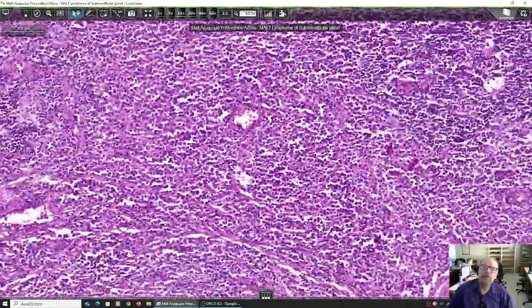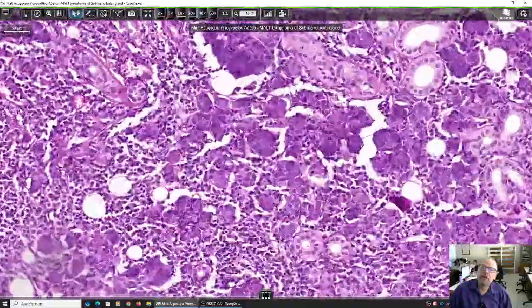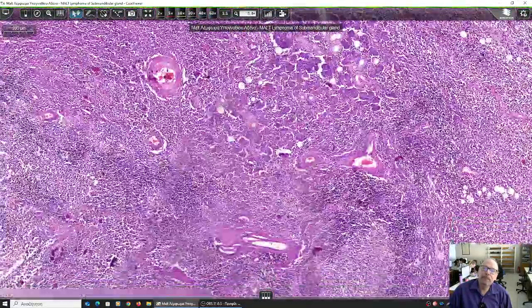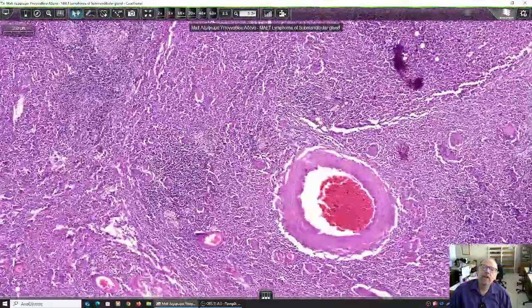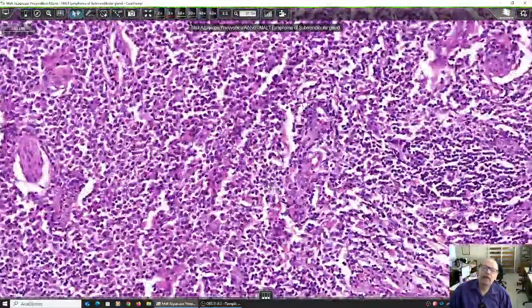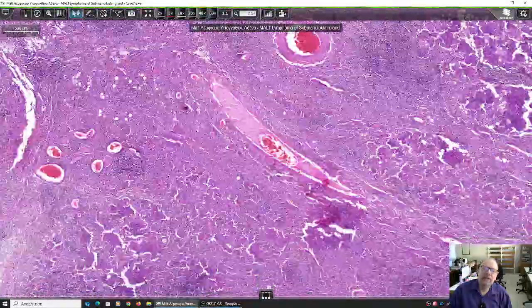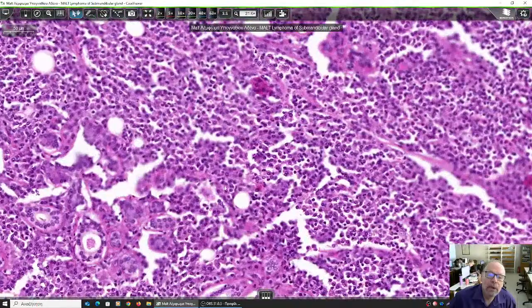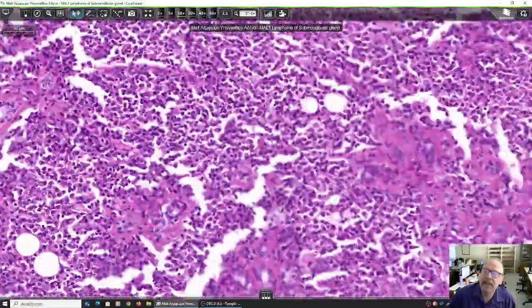And the other feature here, apart from plasmacytic differentiation, that makes you suspicious that something wrong is going on here, is where these dense lymphocytes expand. Where do they expand? We can see that they expand through the epithelial cells.